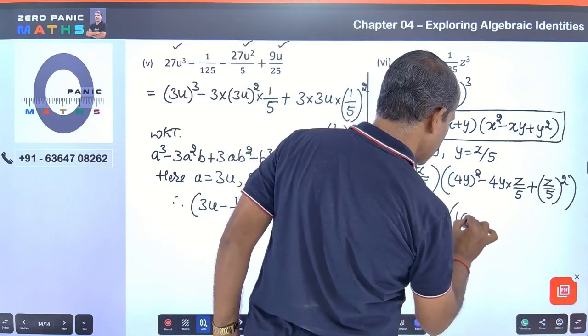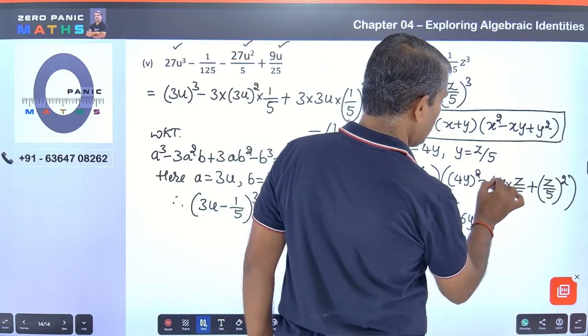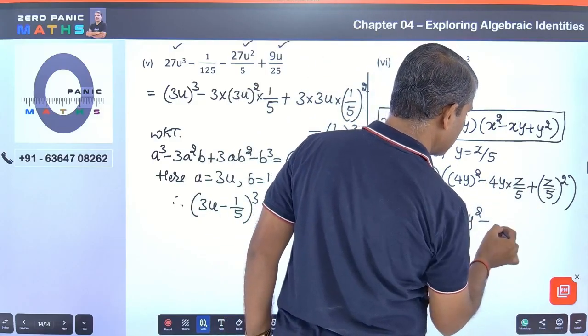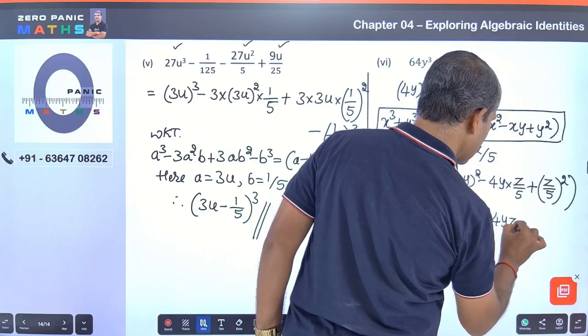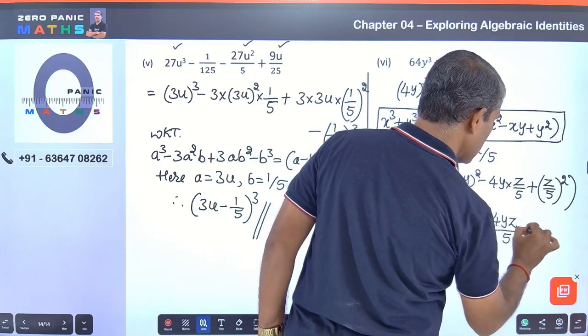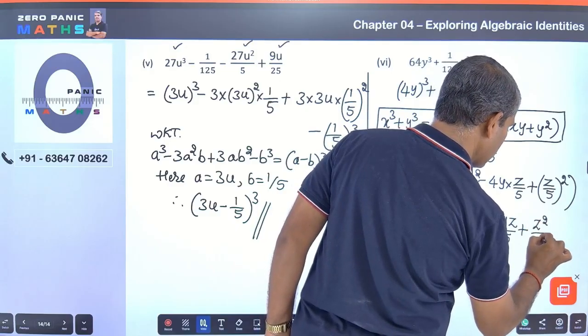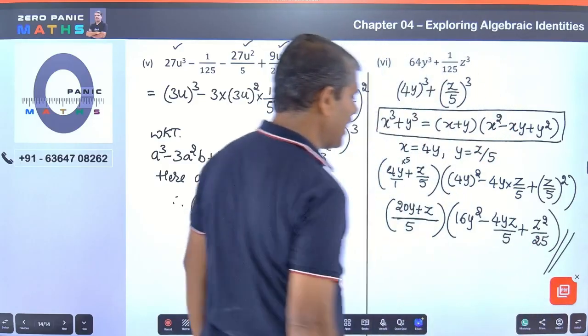Do it carefully. 16y square minus 4yz divided by 5. There cannot be any cancellations. So minus 4yz divided by 5 plus z square divided by 25. Maybe this is the final answer.